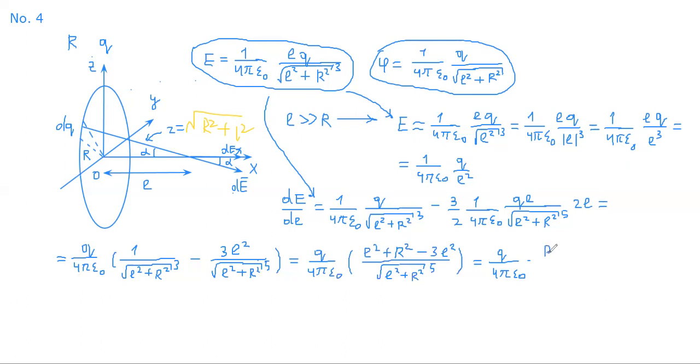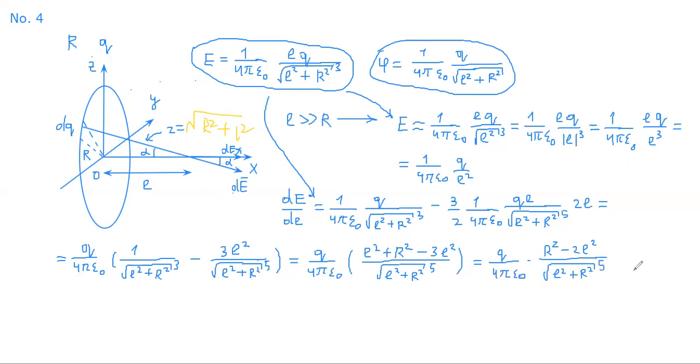It will be R squared minus double L squared, divided by the square root of L squared plus R squared to the power of 5.